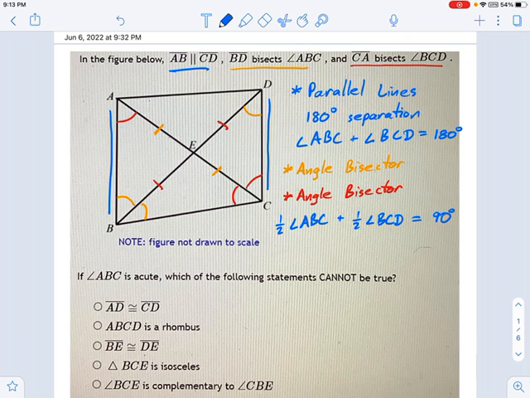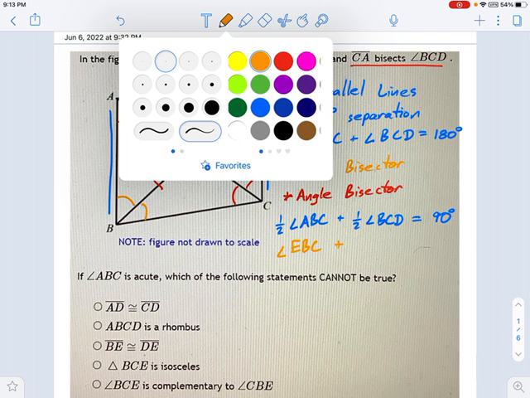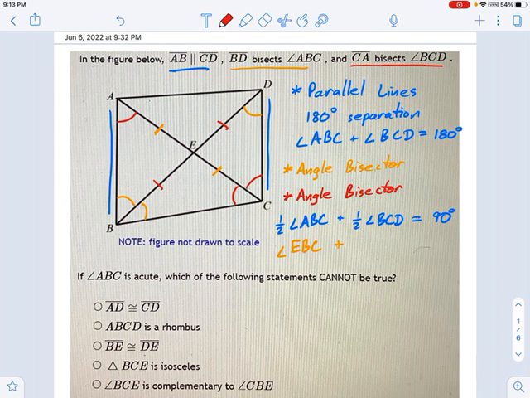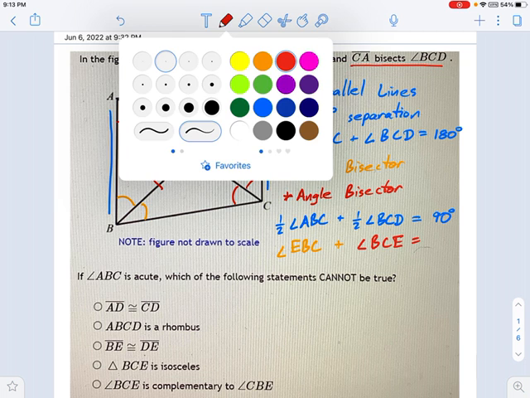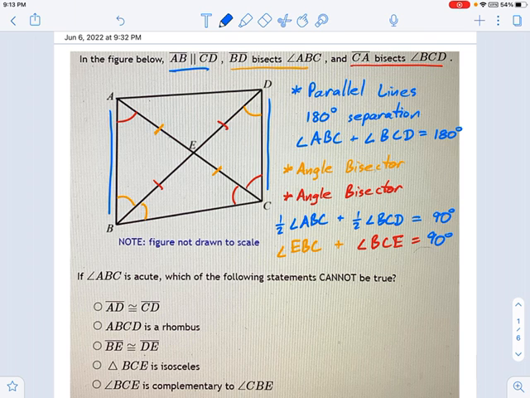So what that means is this angle right here, let's rewrite this. It's not 1/2 ABC, that's just angle EBC. And the other side of it is not 1/2 BCD, I'm going to call that angle BCE. Okay? And those things are equal to 90 degrees, which means this stuff up here was supplementary.